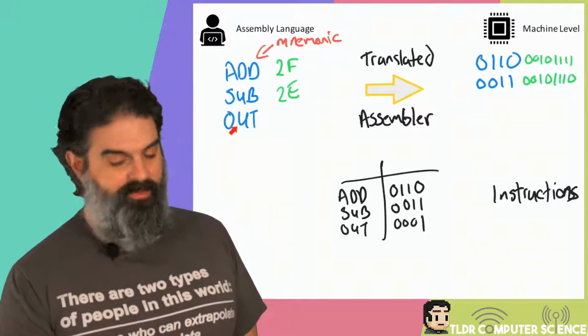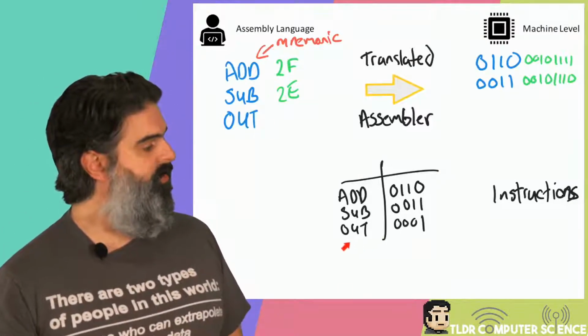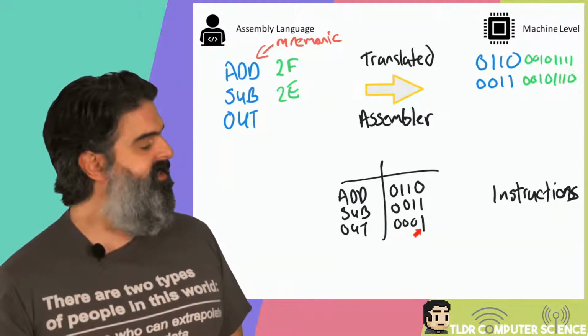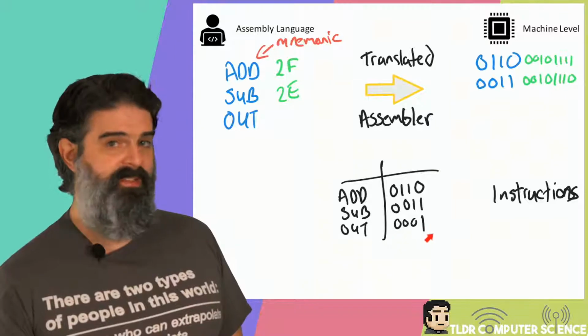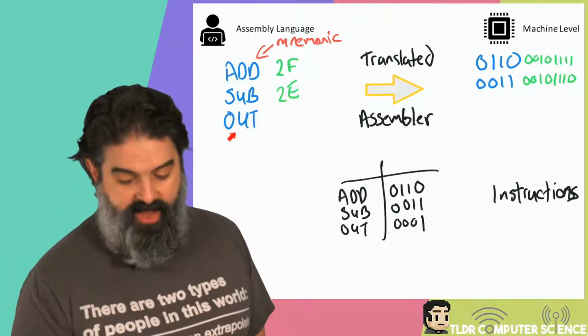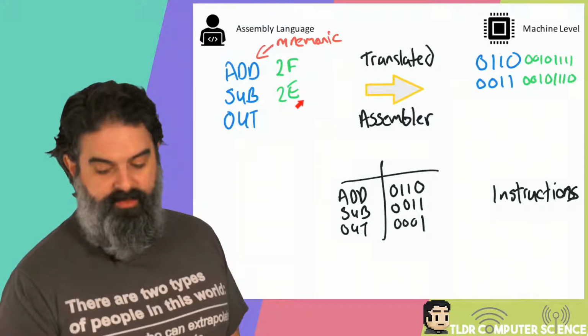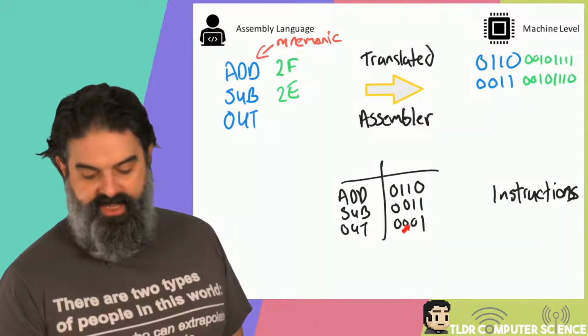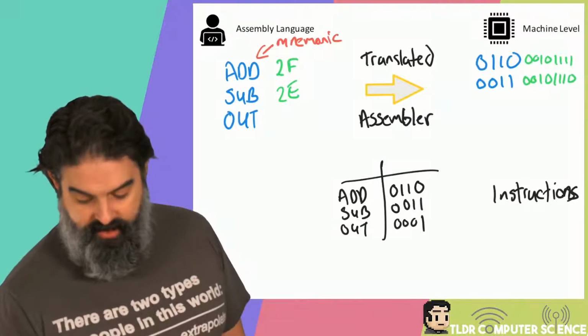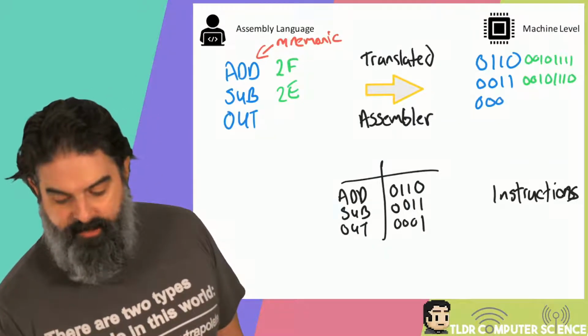You see out here. This is what's called the instruction set. For out, do you see that there's the binary for what out actually is? There you go. And so what happens in the assembler is it looks at out, looks in the instruction set, finds out, and then just replaces out with the binary code for it.